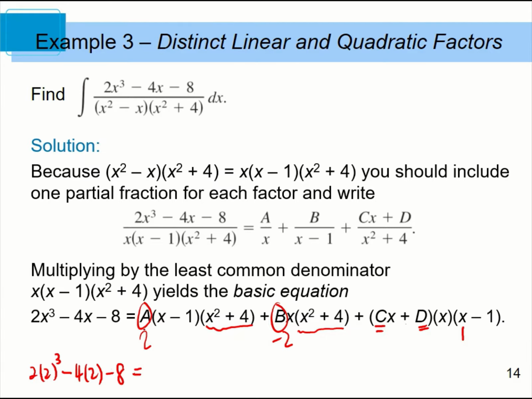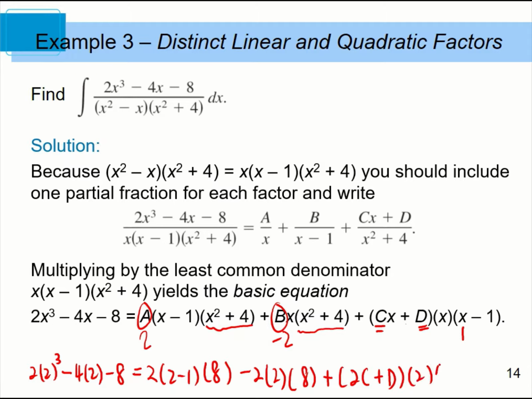For the right hand side, the a is 2, and we have 2 minus 1, which gives us 1. This one is 2 squared plus 4, we have 8. And we have negative 2 here, the x is 2, and 2 squared plus 4 gives us 8. Plus we have c times x is 2, we have 2c plus d, and the x is 2, and this is 2 minus 1, which gives us 1.